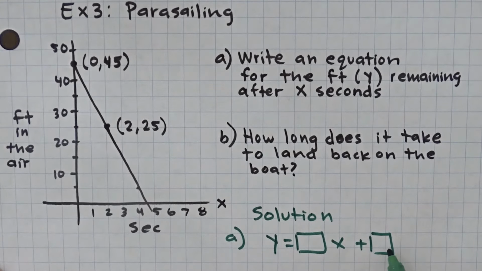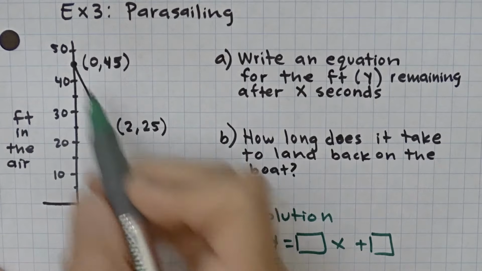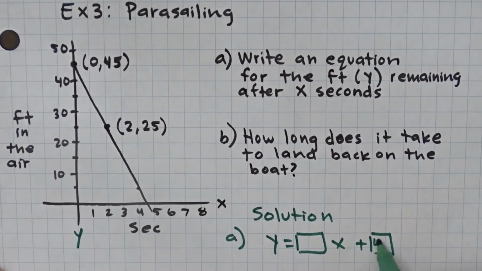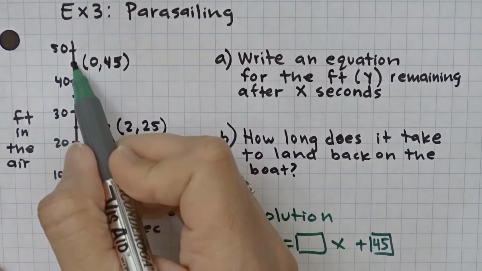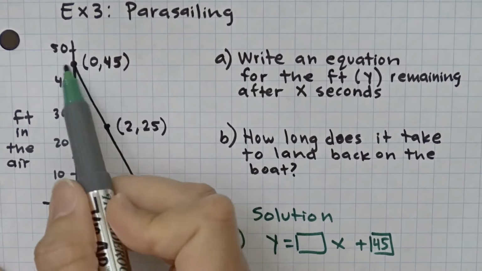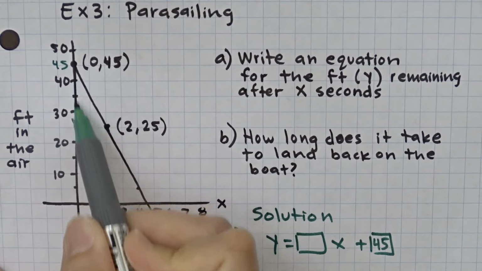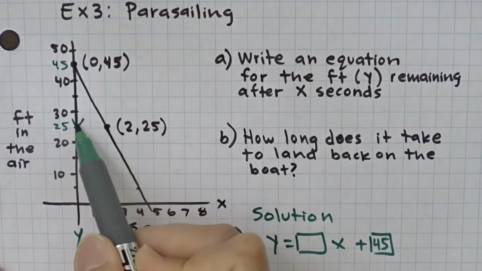In this box, I'm going to put where my y-intercept is. That would be here. This is my y-axis. So the y-intercept is 45. And in this box, I'm going to put my slope. So from this point to this point, I'm going to look at my vertical and my horizontal. I'm going to go down. I said 4 blocks, but the reality is it's really from 45 to 25. What's the change in the y from 45 to 25? That's a decrease of 20.